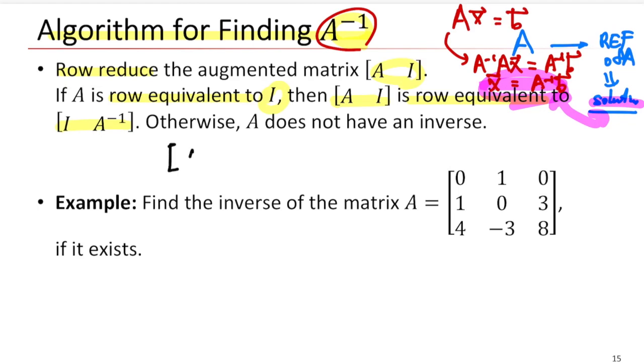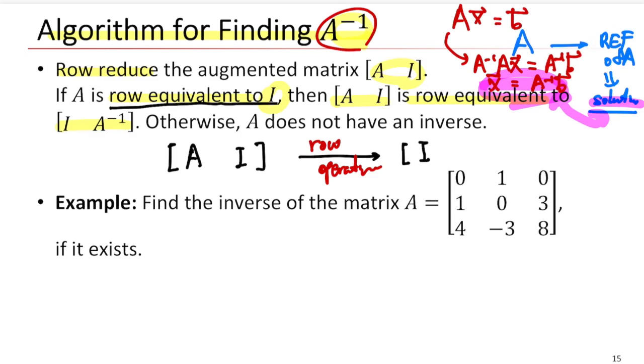So it means that if we use some kind of row operation on [A I] to get A row equivalent to the identity here, then this row operation also produces the inverse of the matrix here.